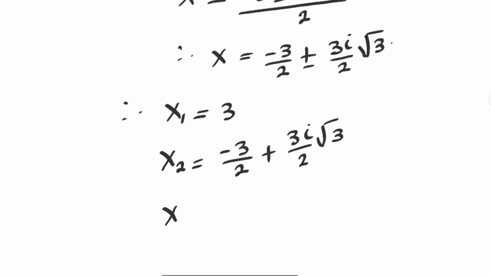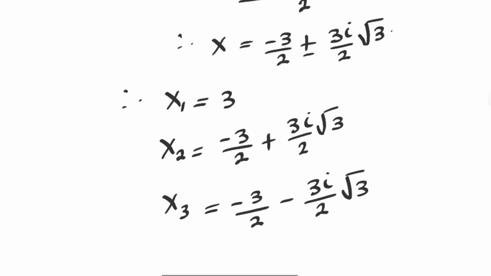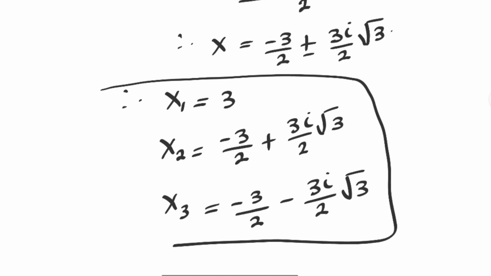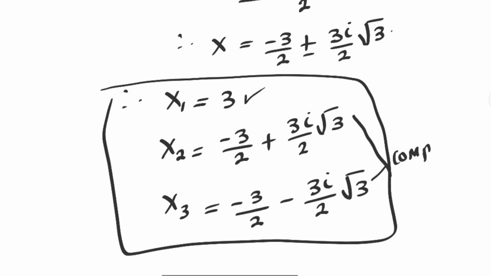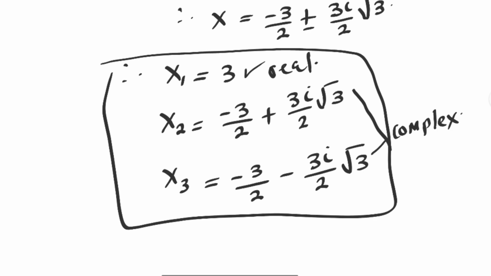Then s3 is equal to minus 3 over 2 minus 3i over 2 root 3. You can see that we have one real root here, which is this, and then two complex roots. We may check to confirm if this answer is right or wrong, but we can check using this real root to make our work very fast.